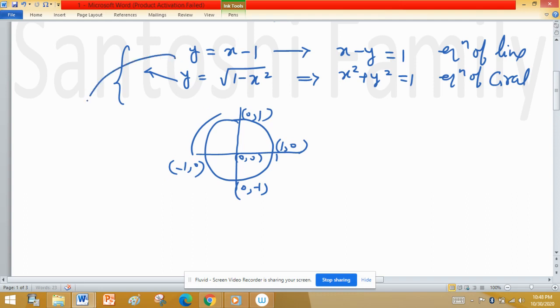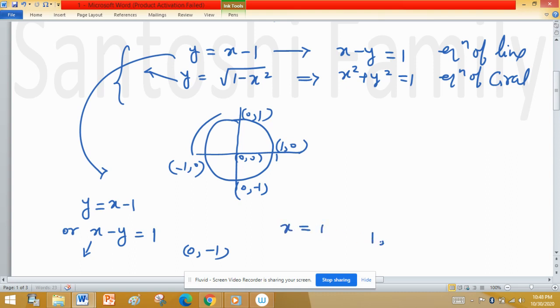The equation of the line is y equal to x minus 1, or x minus y equal to 1. If I put x equal to 0 then y equal to minus 1, so 0 comma minus 1 is the y-axis intercept, and if I put y equal to 0 then x equal to 1, so 1 comma 0 is the x-axis intercept.